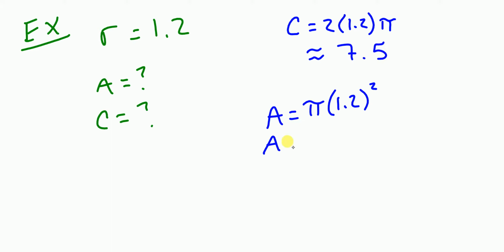So our area is 4.5. Alright, so that was just a review of circumference and area of a circle.